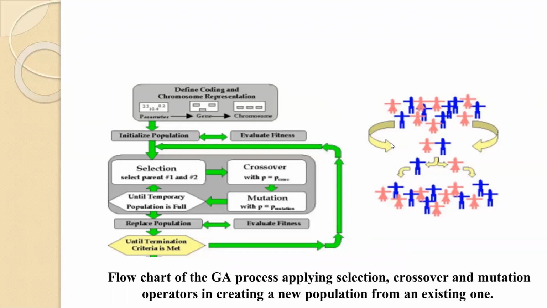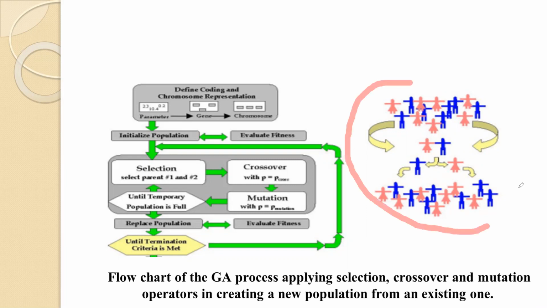Initial parameters, those parameters are called here the genetic parameters. Those genetic parameters are explained here with this genetic population. So the initial operations take place: crossover, mutation, and evaluating this type of fitness.